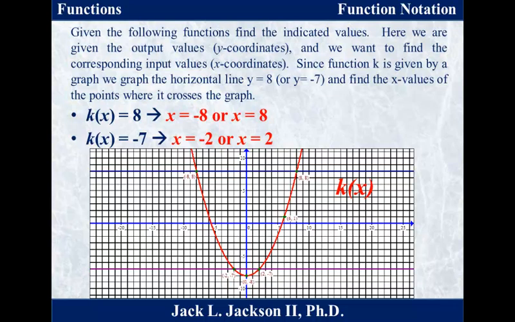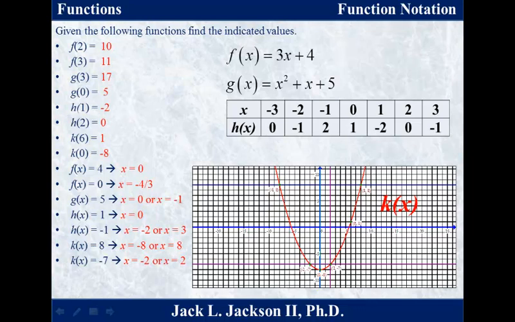That's the ones we're looking for, but what we want to say is, what are the x values? So x equals -2 or x equals +2. So here we are back to the same slide we had before, with all the answers recorded together.